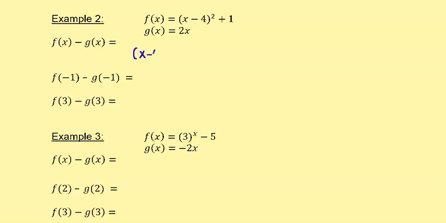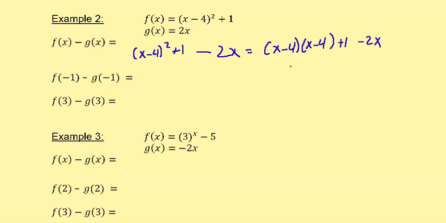So we'll have x minus 4 squared plus 1, and then minus g of x, which is just minus 2x. We can say that's the same thing as x minus 4 times x minus 4 plus 1 minus 2x.